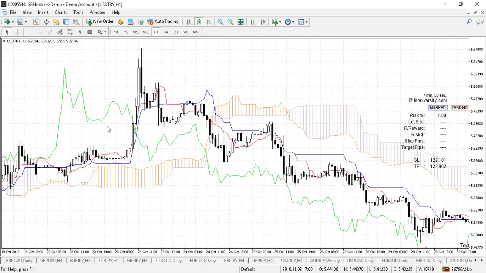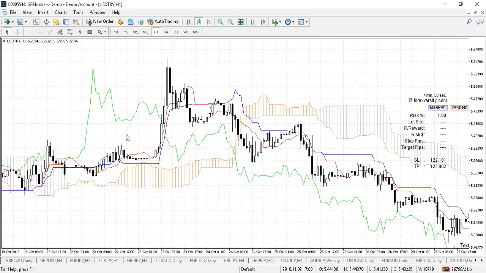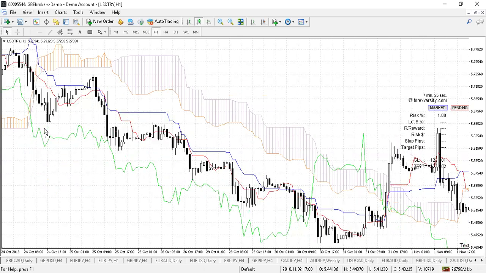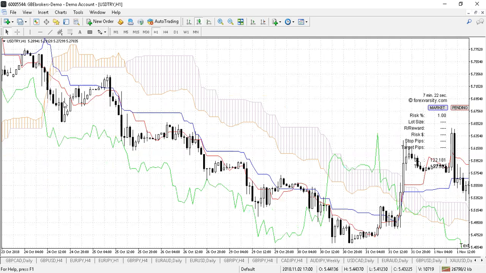So you can see here we had an upward movement, and then it's come down and broken below the clouds, and then we've had that downward movement happening there. So the cloud in real time is actually shifted forward 26 days. It means that it plots 26 days ahead of the last price points, and it indicates future support and resistance.